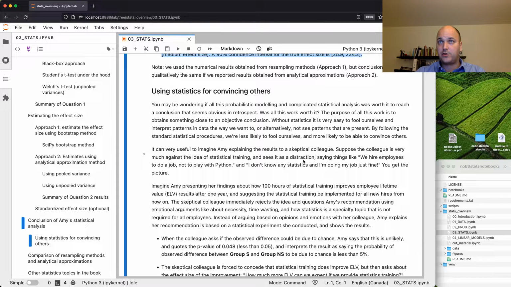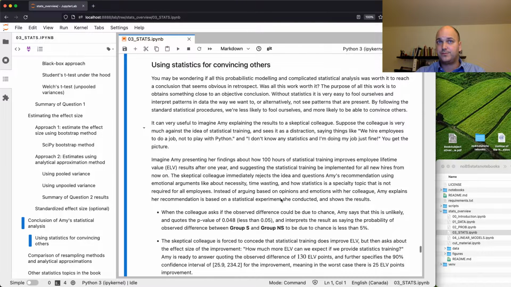The skeptical colleague says, I don't think this is true. Maybe what you observed is due to chance. And then Amy can say, well, no, if there is no difference, if the null hypothesis is true, then it's very unlikely under the null hypothesis what we observe.